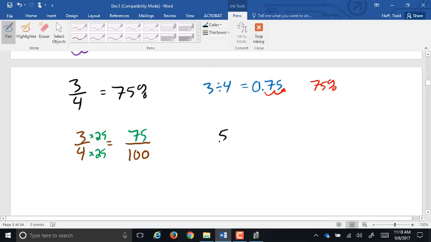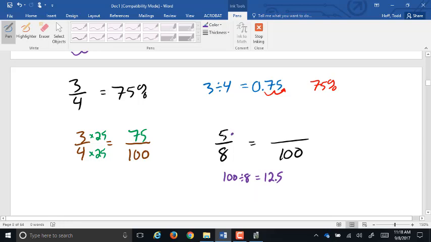However, we could have something like 5/8. 5 out of 8 equals how much out of 100? Well, looking at this, it's a little tricky to figure out what do you multiply an 8 by to turn it into 100? Well, if I don't know what it is, I would just work backwards. What's 100 divided by 8? Well, that's 12.5, right?